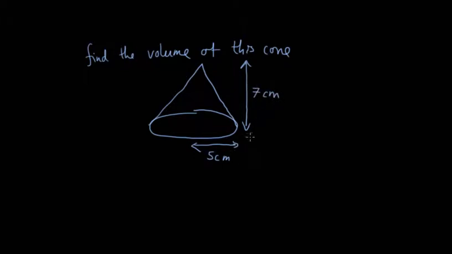And we note that the units are the same, so we know that's important. So the volume is going to be 1/3 pi r squared h. So 1/3 times pi times 5 squared times 7. Plug that into your calculator, and to 3 significant figures it's going to be 183 centimeters cubed.